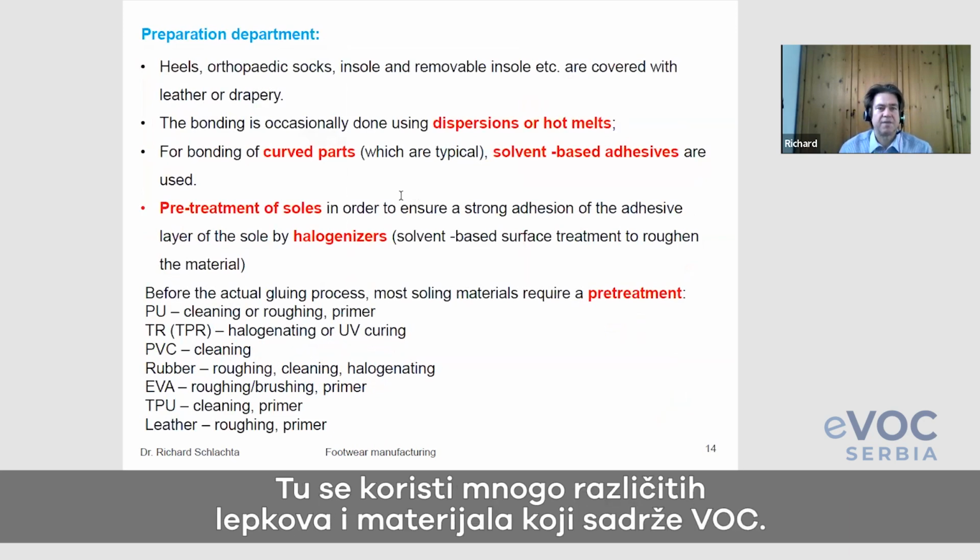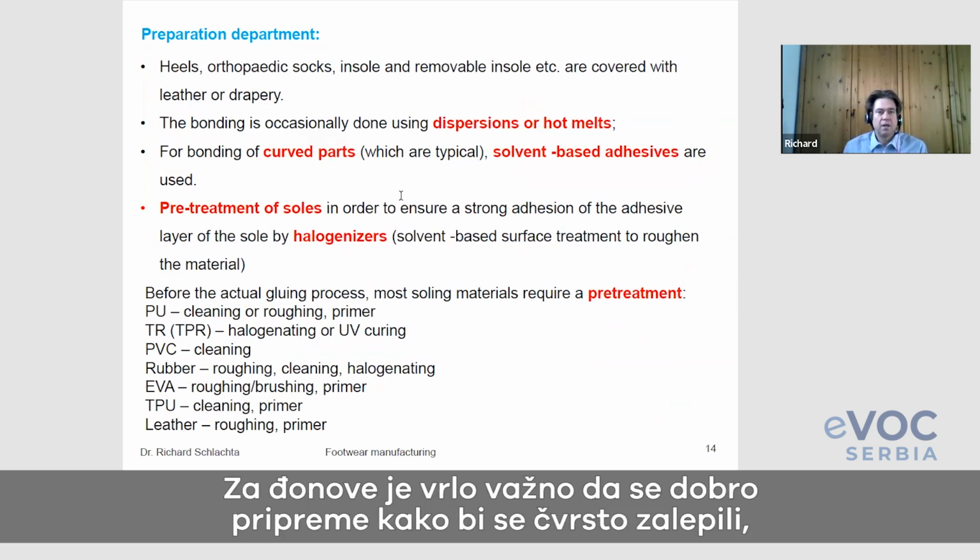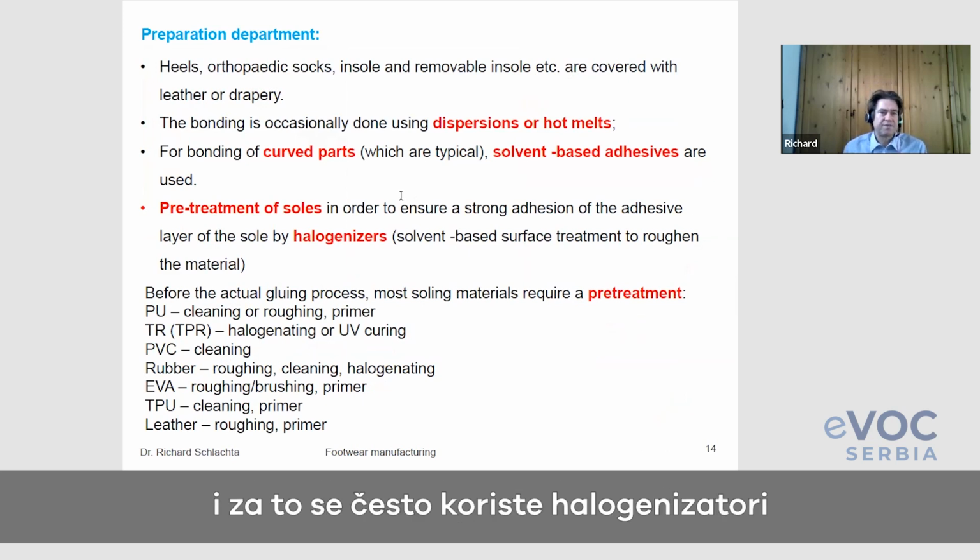Then we have the preparation department of the sole. Here, a lot of different glues and VOC containing materials are used for the pre-treatment of soles. It's important to achieve a strong adhesion to the adhesive by the sole, and to do this, very often you need so-called halogenizers.